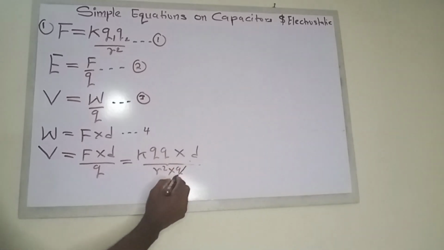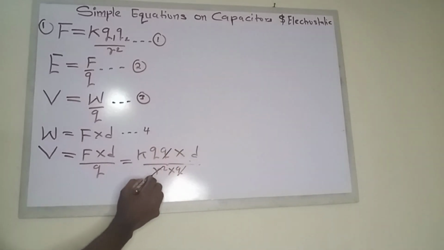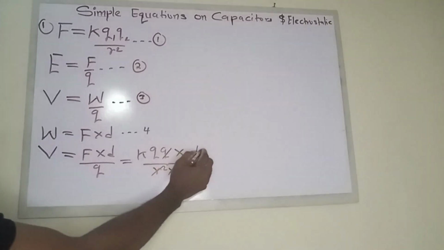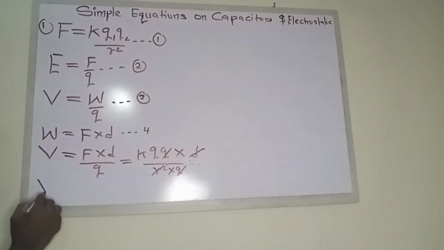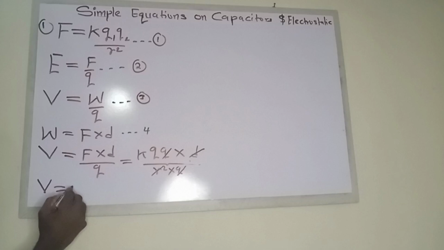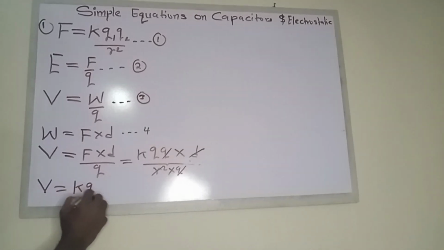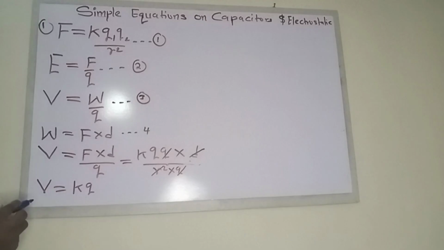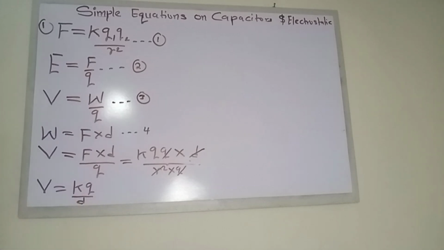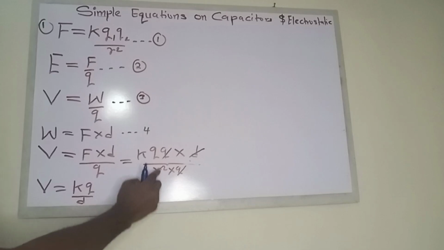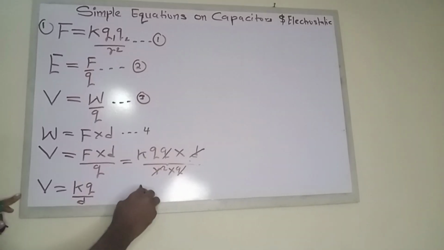One Q cancels, and one R, this R squared, cancels one of the D, just the D. So therefore, our potential can now be KQ, which is our constant multiplied by our charge, divided by D, which simply means a distance. Our R can also be our distance.